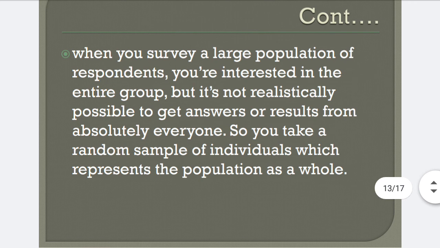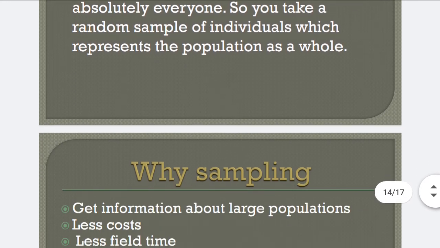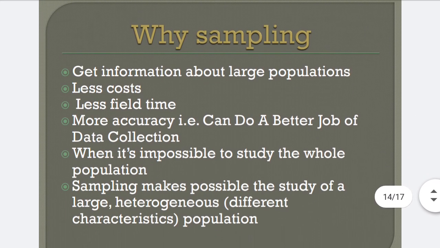Continue. For example, when you survey a large population of respondents, you are interested in the entire group, but it's not realistically possible to get answers from absolutely everyone. So you take a random sample of individuals which represents the population as a whole, and you can easily collect the data.